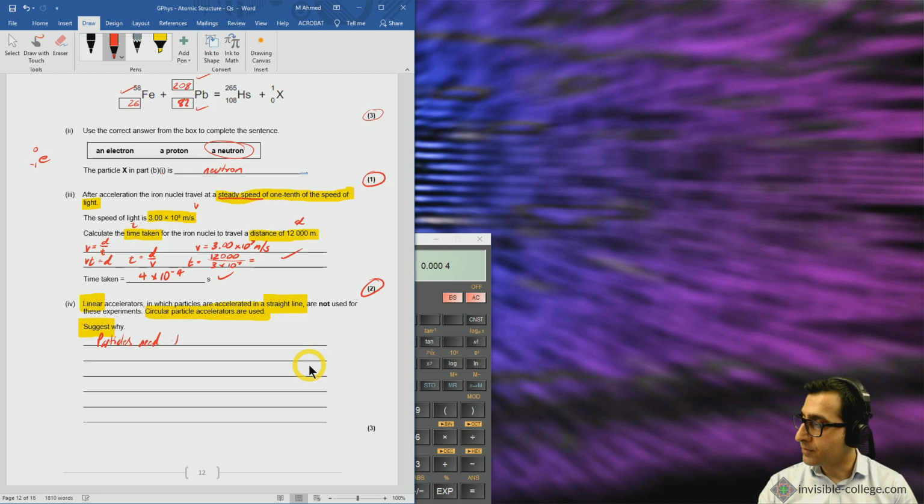need to travel a long distance. So in the previous example, we saw 12 kilometers required. So that's the first logical point. The second point that follows on from that is that the equipment would need to be very long.